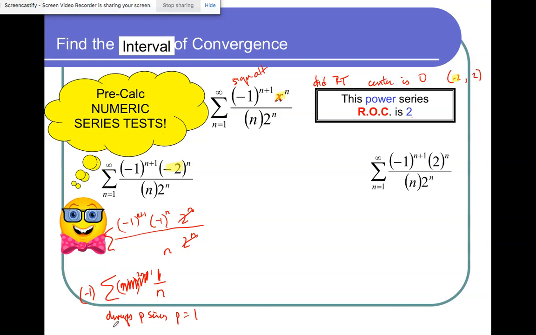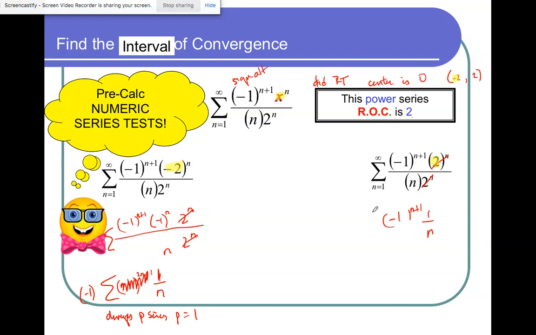So I'm running my pre-cal numeric series tests. Put the left endpoint in, shake it all about. Now what? Put the right endpoint in, shake it all about. What happens when I shake it all about? I have -1 to the n plus 1. 2 to the n cancels with 2 to the n.